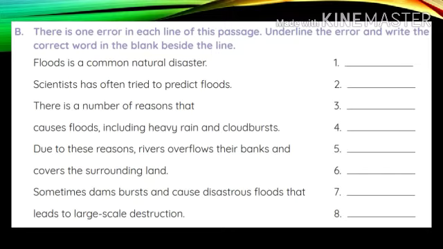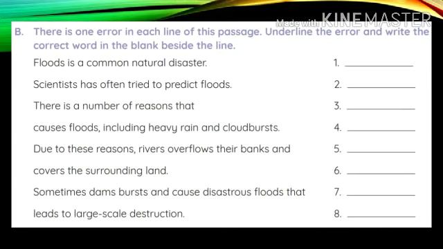Then, it is written causes, so we have to write it as the reasons that cause floods, including heavy rain and cloudbursts. Then, due to these reasons, rivers overflow. It is written overflows, it is supposed to be overflow their banks and cover the surrounding land. It is cover, not covers.